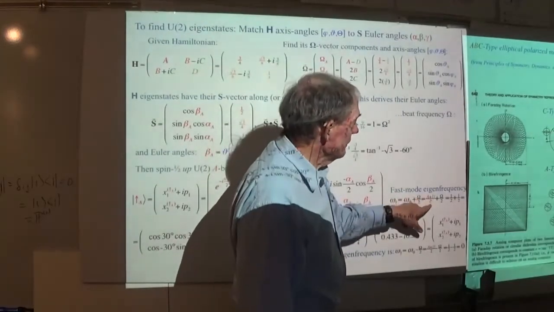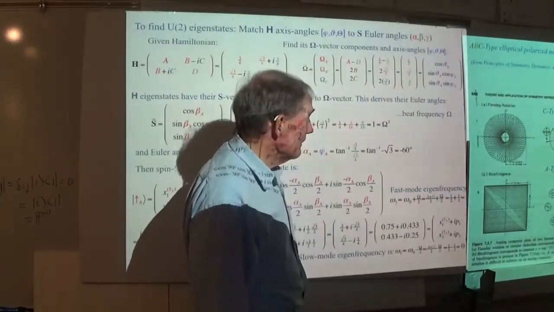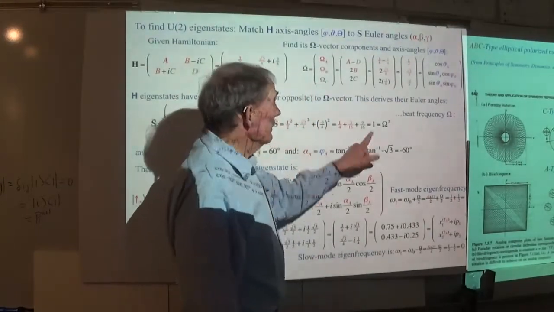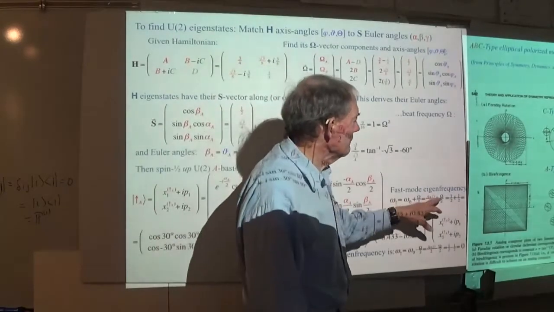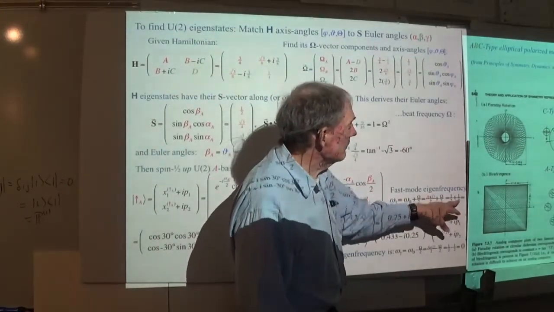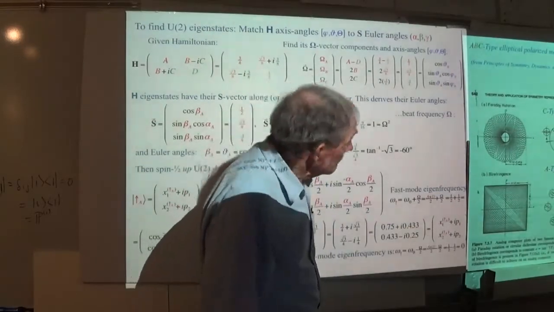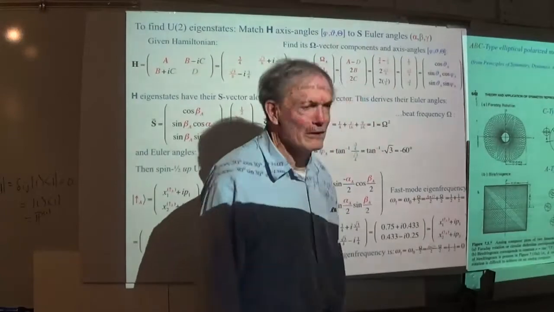This one is A plus D over 2, which is 1/2, plus omega over 2, okay? The omega is 1 radian per second, I suppose, but we're keeping the units sort of out of this. That's 1/2 plus 1/2, which is, I don't know what 1/2 plus 1/2 is, but I think you could guess.